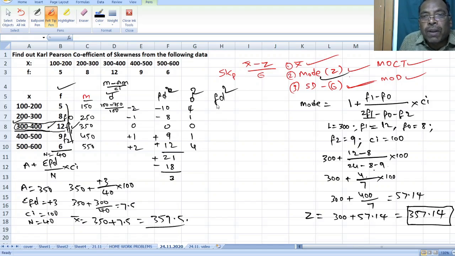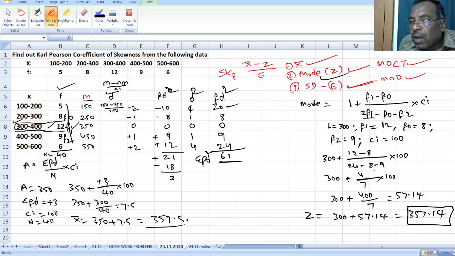So 5 fours are 20, ignoring pluses and minuses, 8 ones are 8, 12 zeros are 0, 9 ones are 9, 6 fours are 24. Now add up all these. Summation FD square is equal to 20 plus 8, 28, plus 9, 37, plus 4, 41, plus 20, that comes to 61. So these are the values.